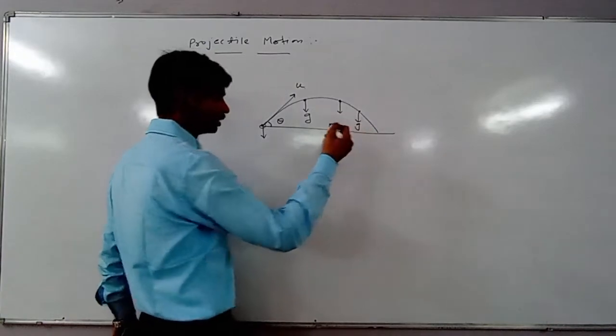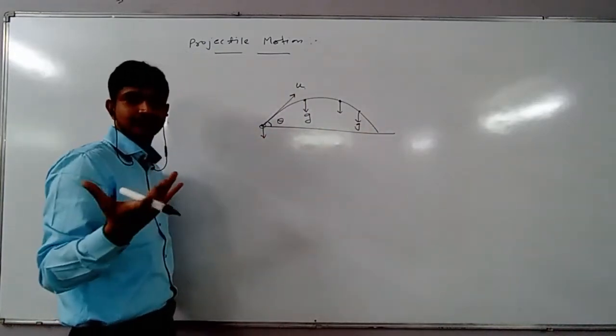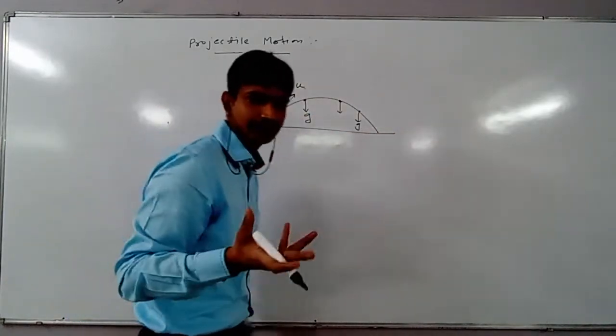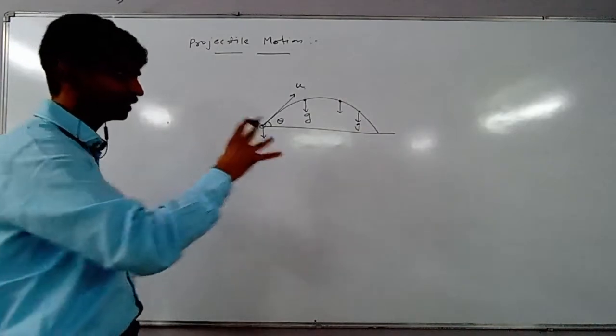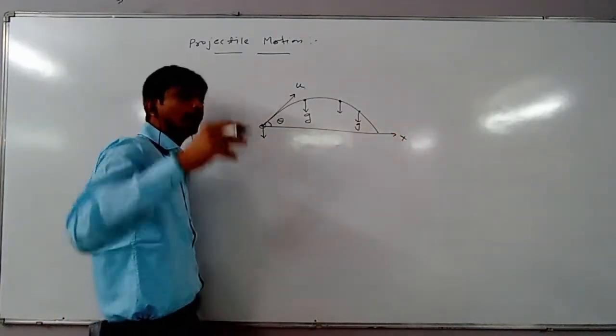Now, we need to solve these types of problems by taking axes. You can take any axis as the x-axis or any axis as the y-axis. It's not compulsory that you need to take this as the x-axis, okay?